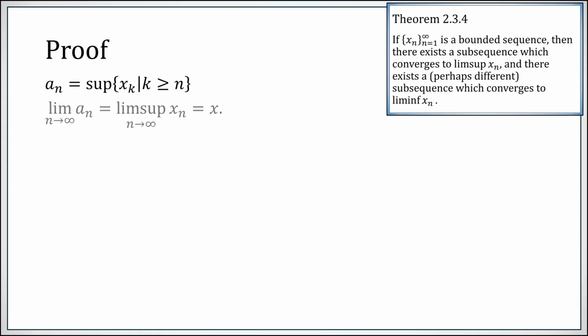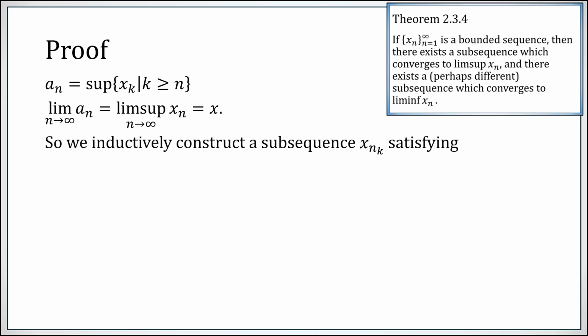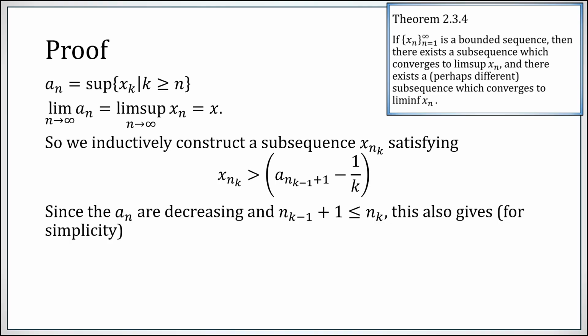So a_n is the sup of the n-tail. We know that they are converging to x, and we have inductively constructed a subsequence so that x_{n_k} is always larger than a certain sup minus 1 over k. But the a_n's aren't just converging to x, they are decreasing. Also, this index is definitely bigger than or equal to this one, which is bigger than n_{k-1}.